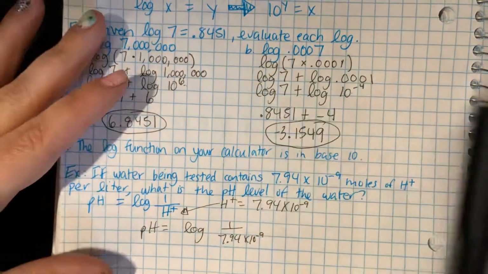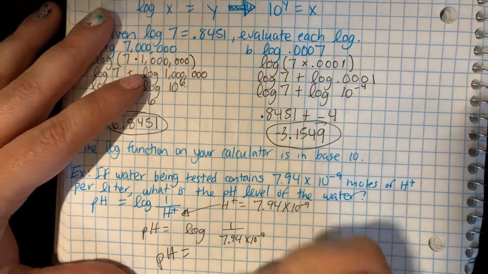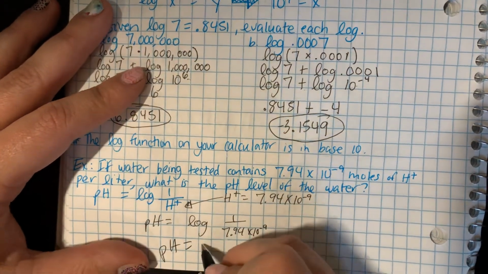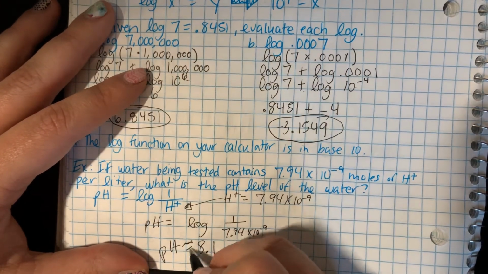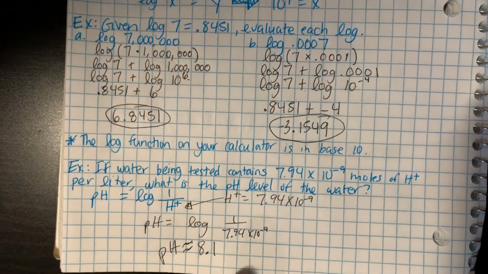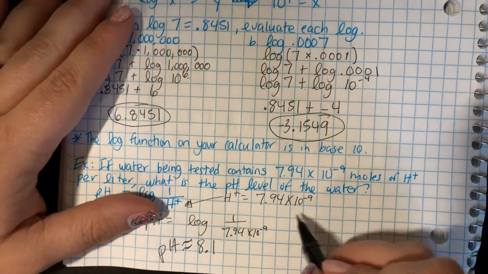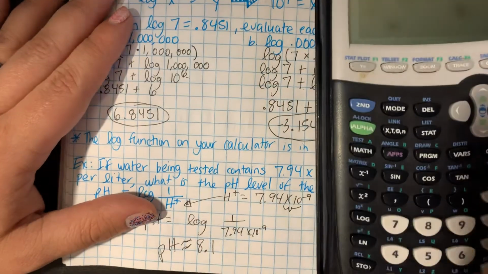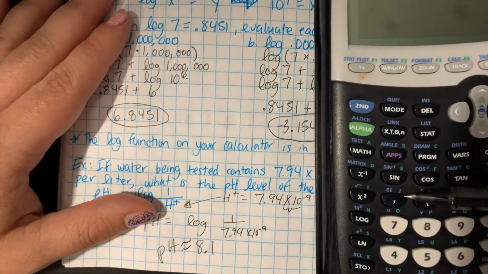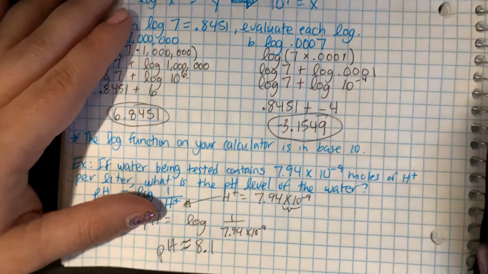So our pH for this one, I love learning new things. It's an approximation. So our pH is approximately 8.1. To get this part on your calculator, there's a button, mine was right here, that says EE.